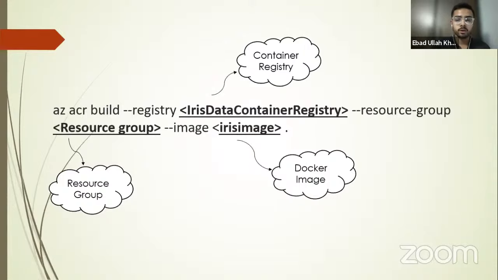So you don't need Docker installed locally, or to open Docker and worry about that. You just need to create a container registry and issue this command. This command creates the Docker image and uploads it onto Azure. After that, we can simply create an app service on Azure and connect that container registry to this app service. That's what we are going to do the first time.